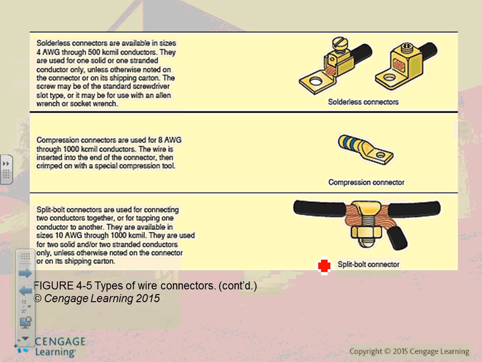They use lugs like these, number 4 all the way to 500 kcmil, with a bolt or screw right here where you put your wire, tighten it, and torque it. From the other end, you attach it to another connector with a bolt. You tie to equipment.